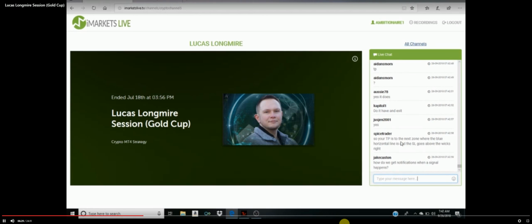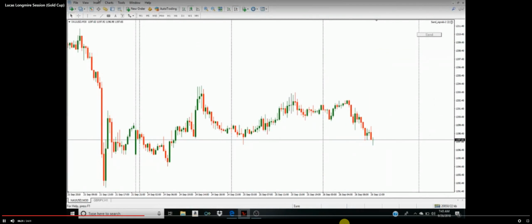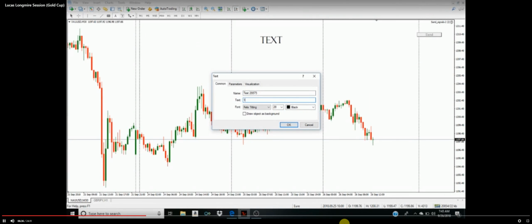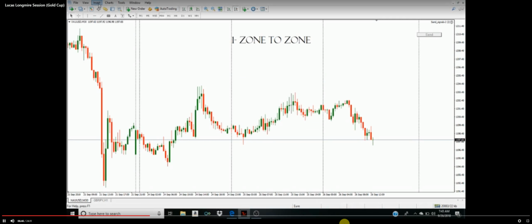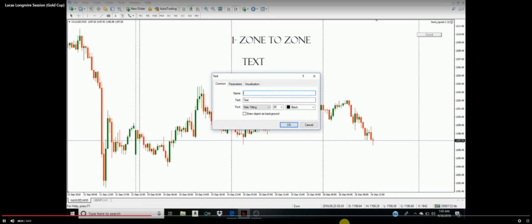Yeah, so a few examples here. One for take profit, stop loss, right? We're going to have a couple of courses with it, but you're going zone to zone. On the 15-minute chart, we're doing about 15 to 20 pips.